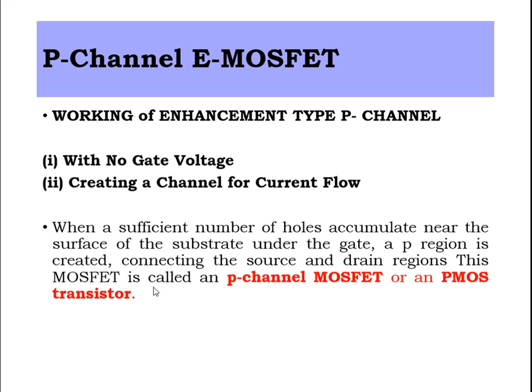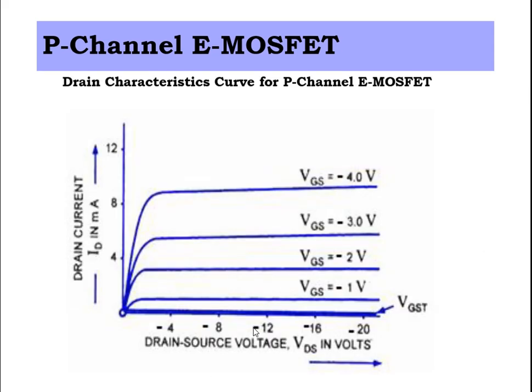Thus this MOSFET is considered to be a P channel MOSFET, because all the charge carriers that are going to get accumulated are holes. Hence we call it a P channel MOSFET, or even a PMOS transistor.